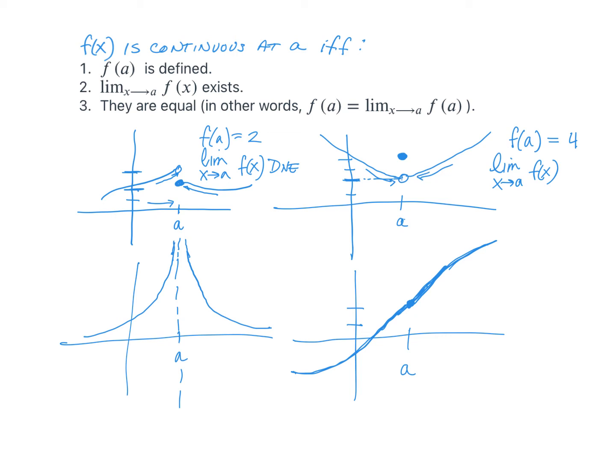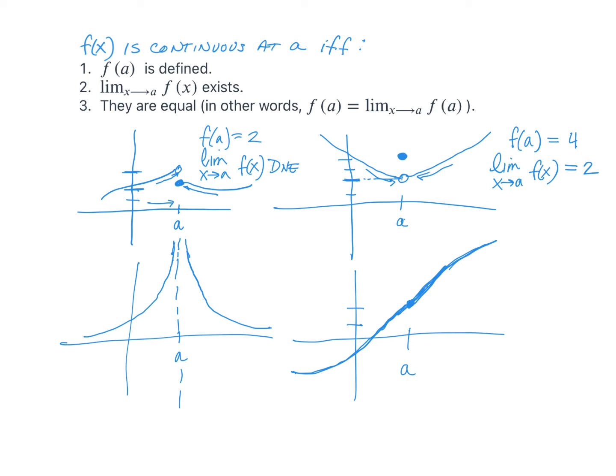Since the limit from the left side and the right side is equal, we can say that the limit is 2. So it meets the first criteria and the second criteria. Now the third criteria is that those two values must be equal to one another. So f of A must equal the limit as x approaches A. Since 4 is not equal to 2, the third criteria is not met, and therefore it too is discontinuous at A.